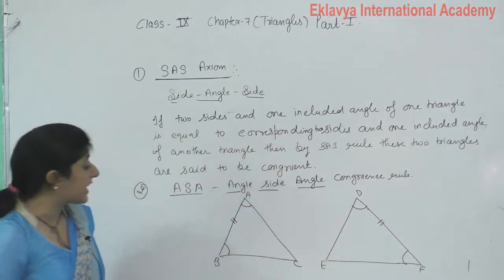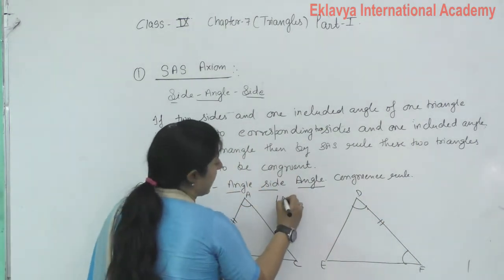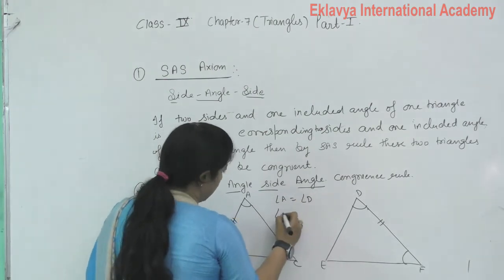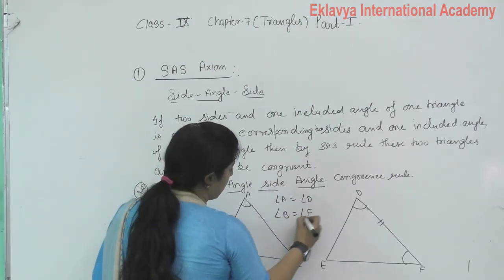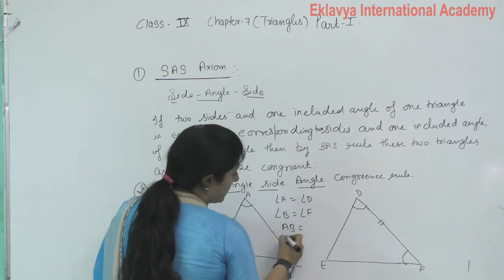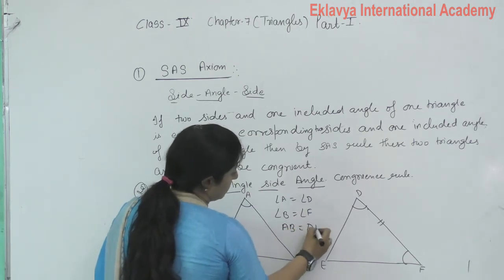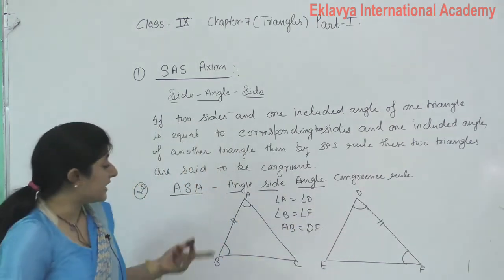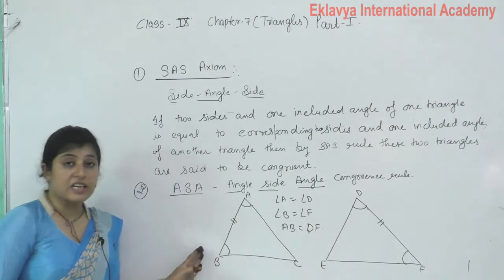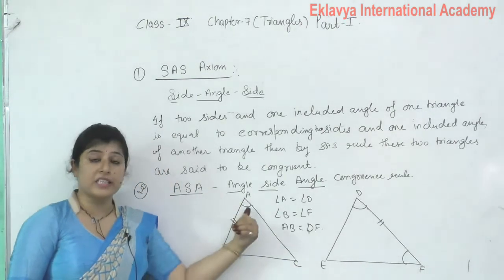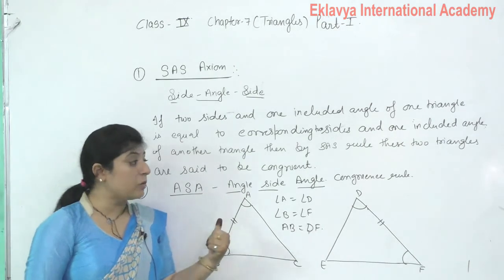In these two triangles, it is given that angle A is equal to angle D, angle B is equal to angle F, and AB is equal to DF. So you can easily see two angles and the side between these two angles. This is called the included side.